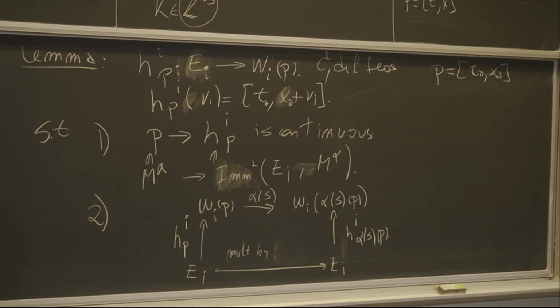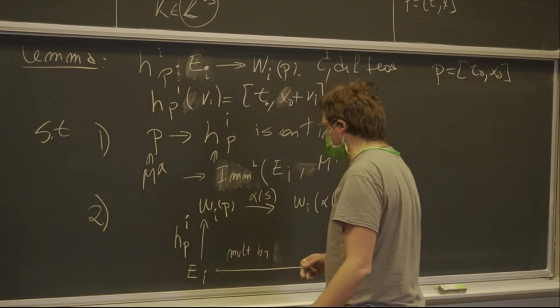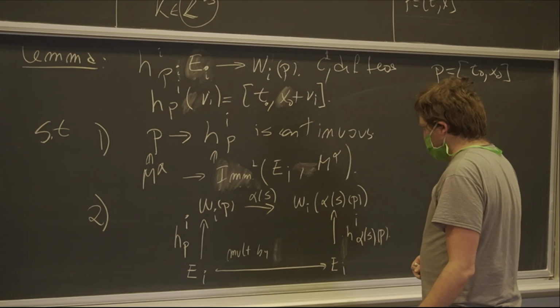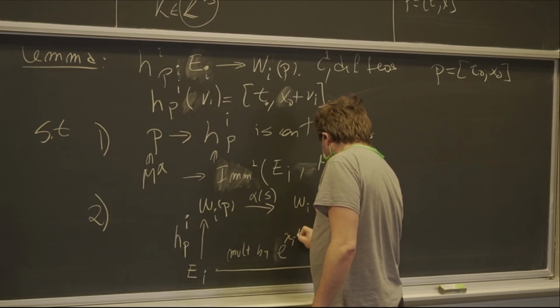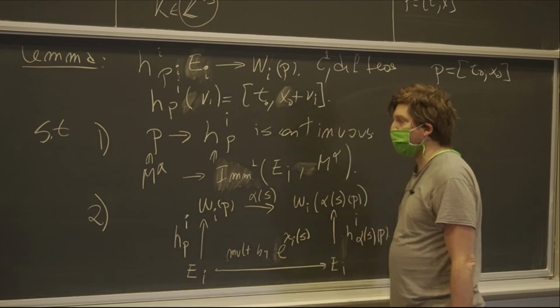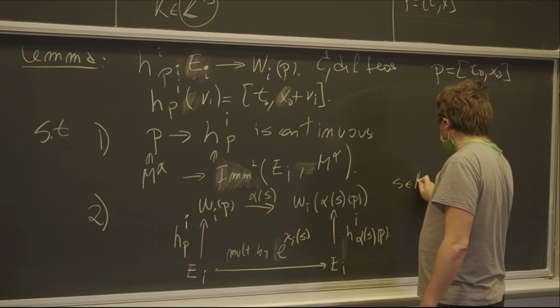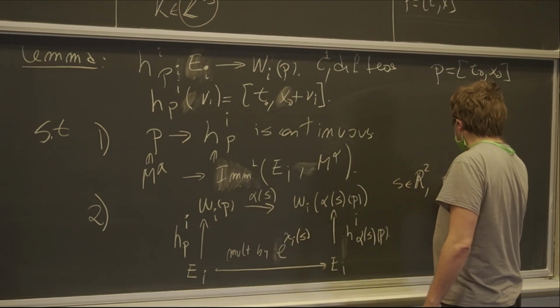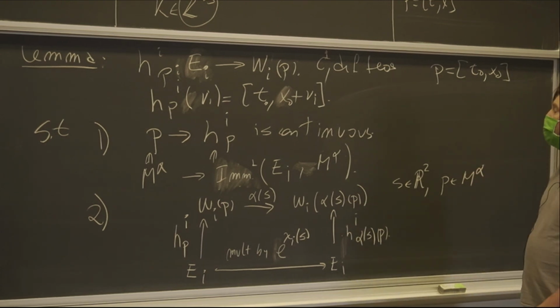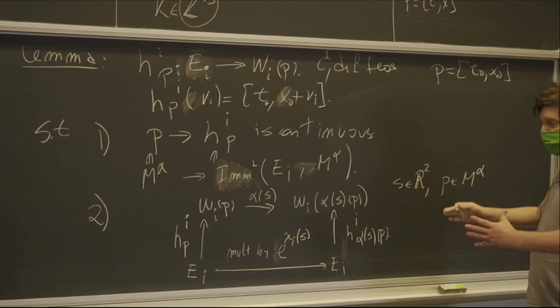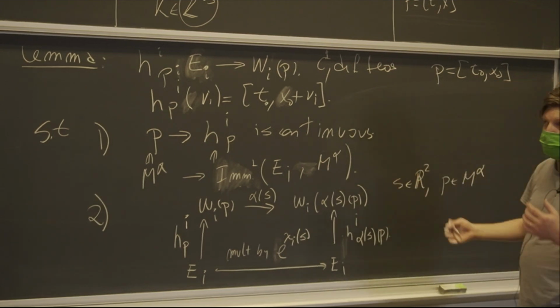So you assume that eigenvalues of the two matrices are positive. So here we have multiplication by e to the chi I of s. Okay, and here s is alpha. And this is essentially automatic from the definition. Okay.